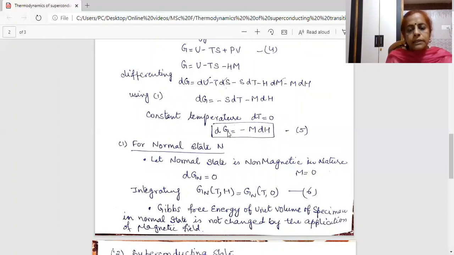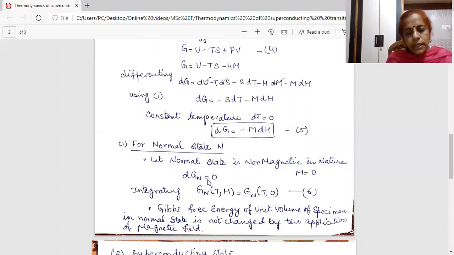Writing the Gibbs free energy in the normal state as Gn, I have replaced G by Gn for the normal state. So the fifth expression can be rewritten as dGn, and since M is 0, the right hand side is equal to 0. dGn equals 0.